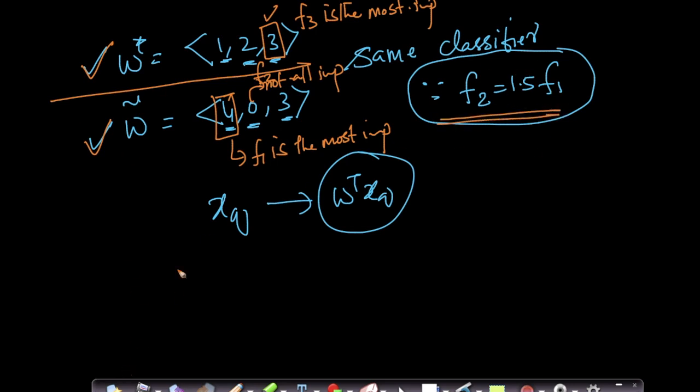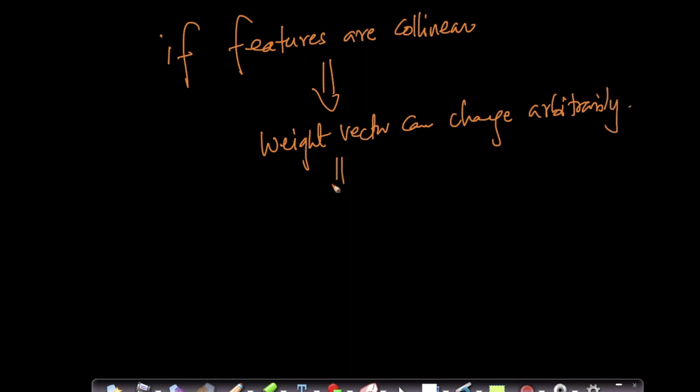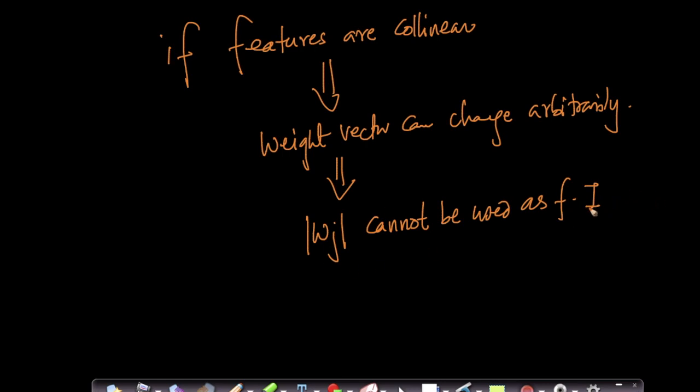Through this simple example, I have shown you that if features are collinear or multicollinear, then your weight vector can change arbitrarily, which implies Wj cannot be used as feature importance scores.